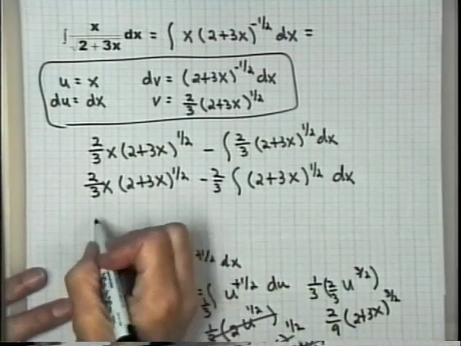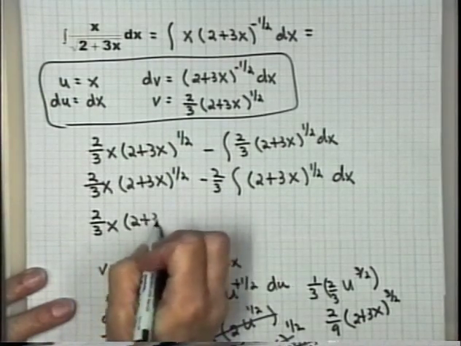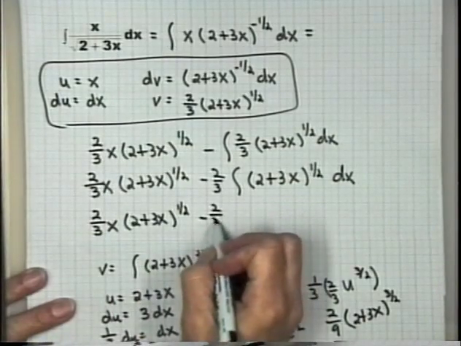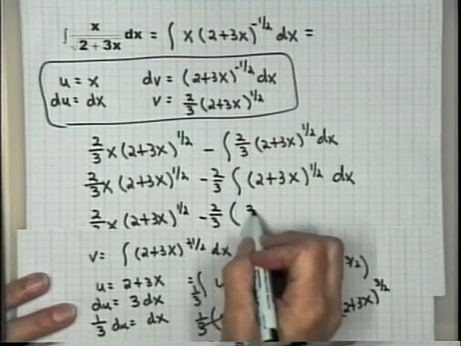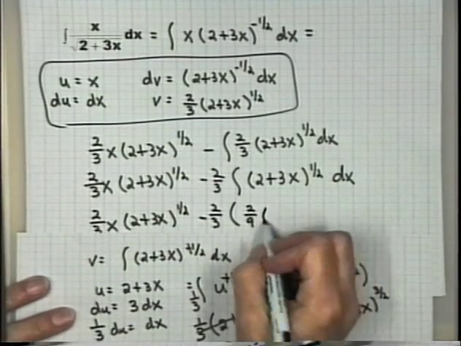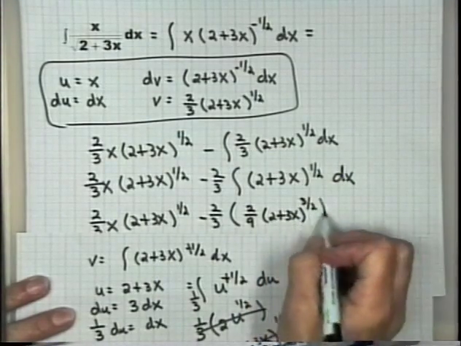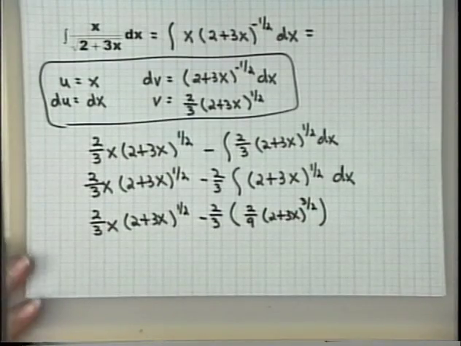So let's bring that solution back over here. Let me recopy this first part. Don't forget we have this minus 2/3 in front of this integral, and then when I substitute our answer that we got, 2/9 times 2 plus 3x to the 3/2 power. Then we finally have finished our integration.